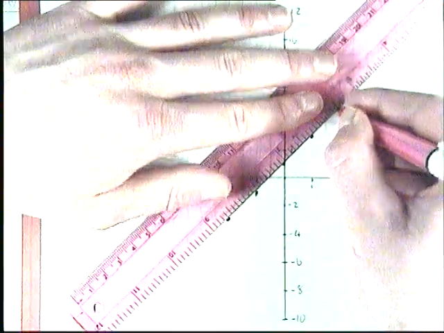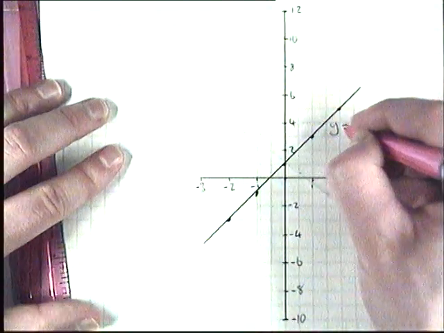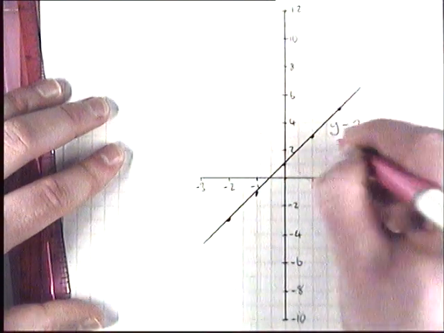And then again, make sure you've joined all of those points all the way to the end of your axes. We can label that y equals 2x plus 1.